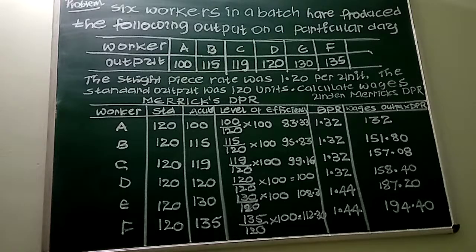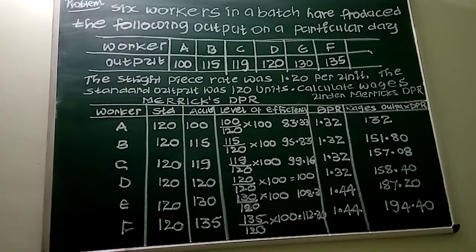Under Marick's differential piece rate system, the standard output is fixed and the level of efficiency will be determined. Accordingly, differential piece rate system will be followed. According to this method, up to 83% of efficiency, 100% of ordinary piece rate will be paid.